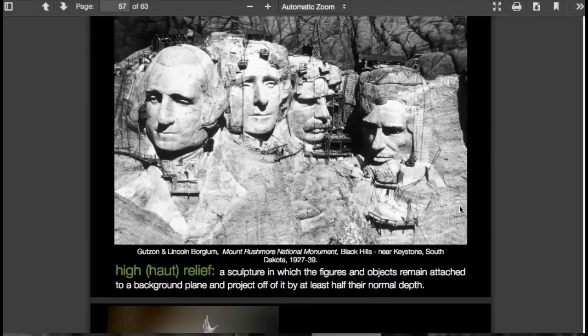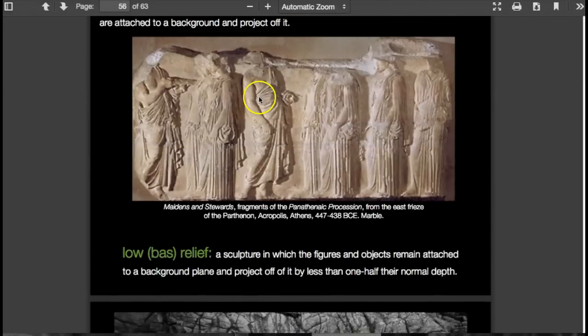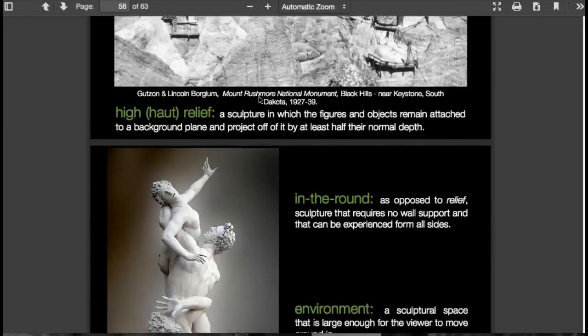It took over 10 years as it was. It was a father who started it, and his son is the one that finished it, but then they ran out of funding. But so we can tell this difference by high relief projecting more from the surface, low relief less than half of that figure's depth.